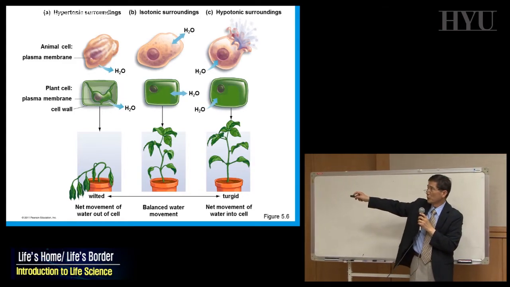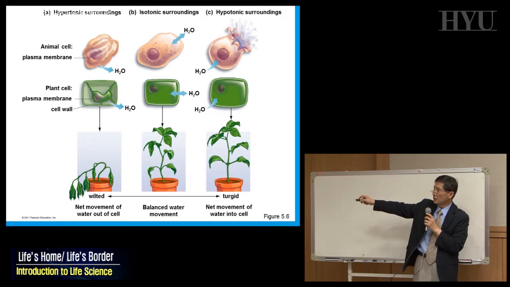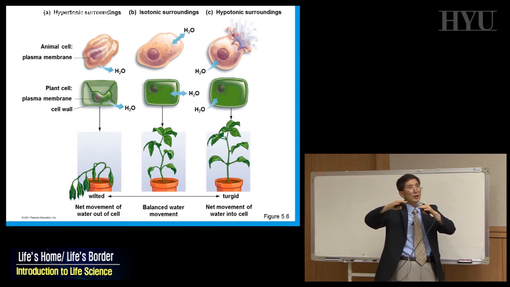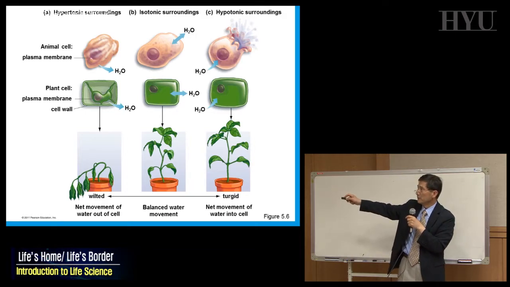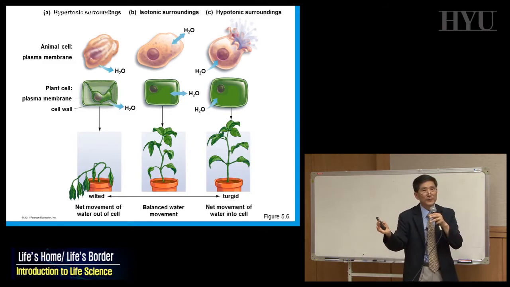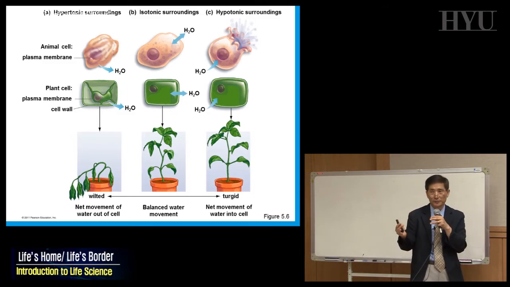So in other words, if you put animal cells or plant cells into an isotonic surrounding, isotonic means they have the same salt concentration, and nothing happens because water molecules going out and going in are the same. They're in equilibrium.